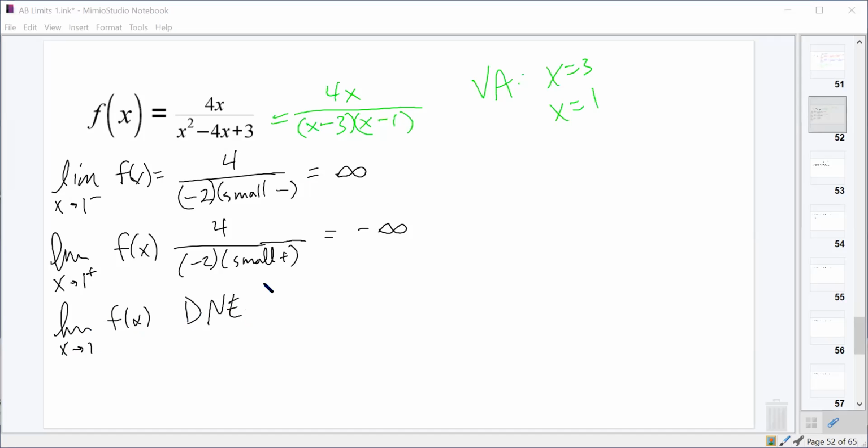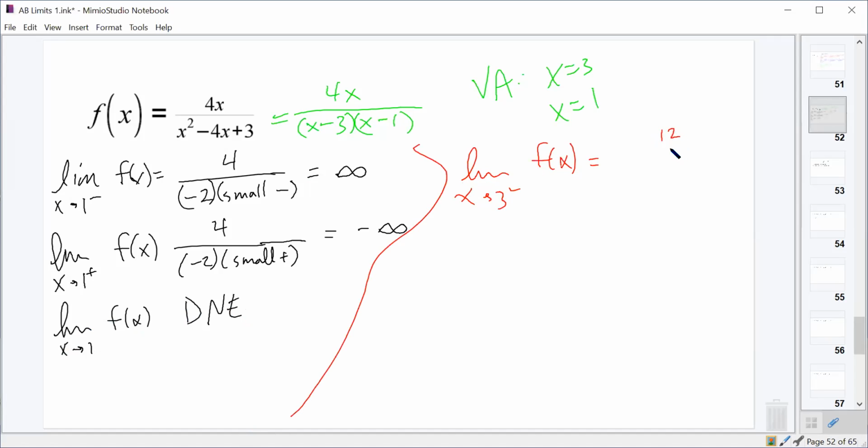Good. All right, and real quickly, we'll do this for 3, just to make sure we got the idea. As we approach 3 from the left, what's the numerator? I know that arithmetic is hard, but 3 times 4 is 12, right? And if I'm approaching 3 from the left, this x minus 3 is a very small negative.